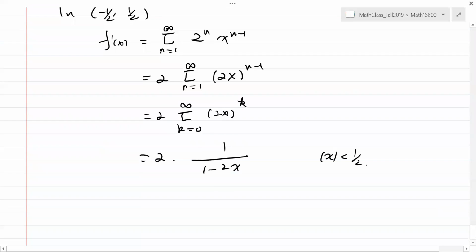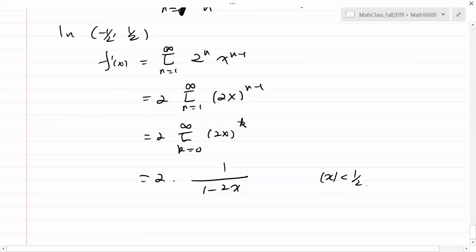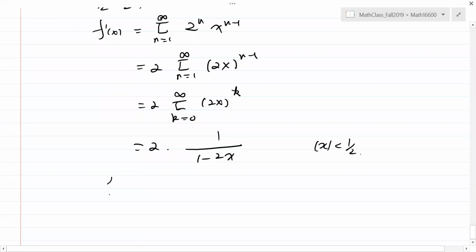So you get a function like that. I tried to see if f of x is an elementary function, but I know the derivative is. So what are you going to do?